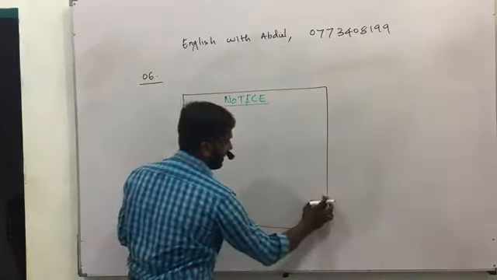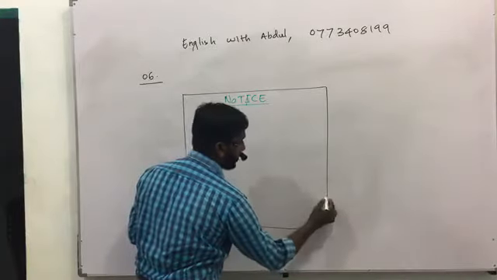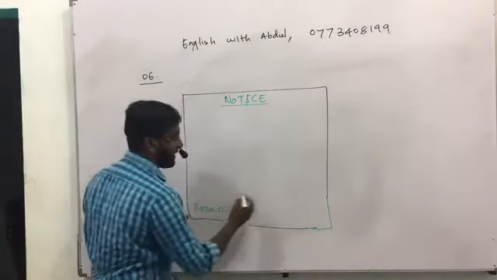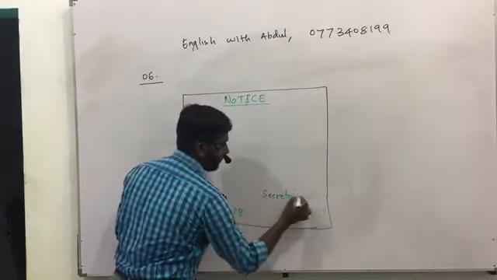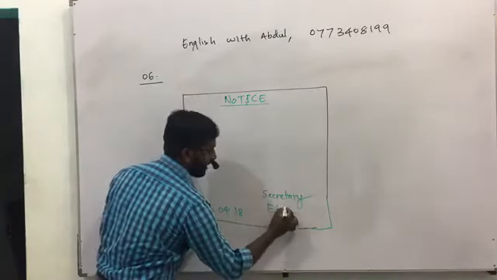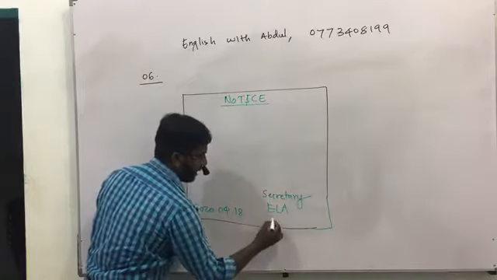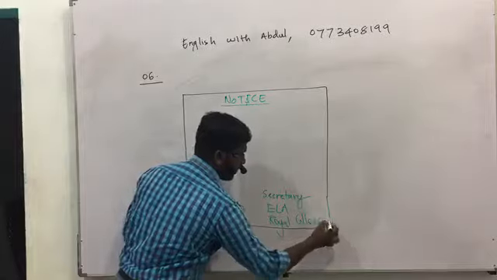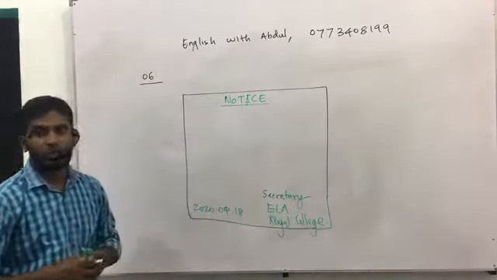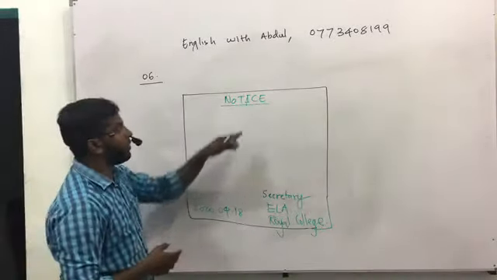Here you can write the person who has written this notice, for example, usually the Secretary, English Literary Association, Royal College, right? So this is a format to write a notice.